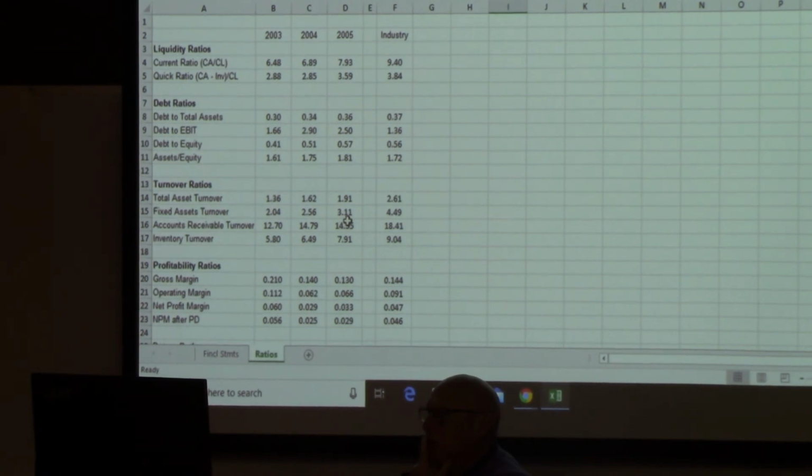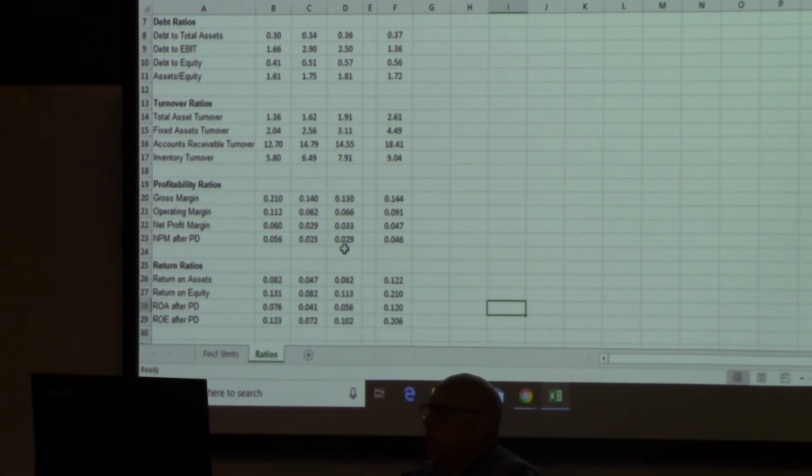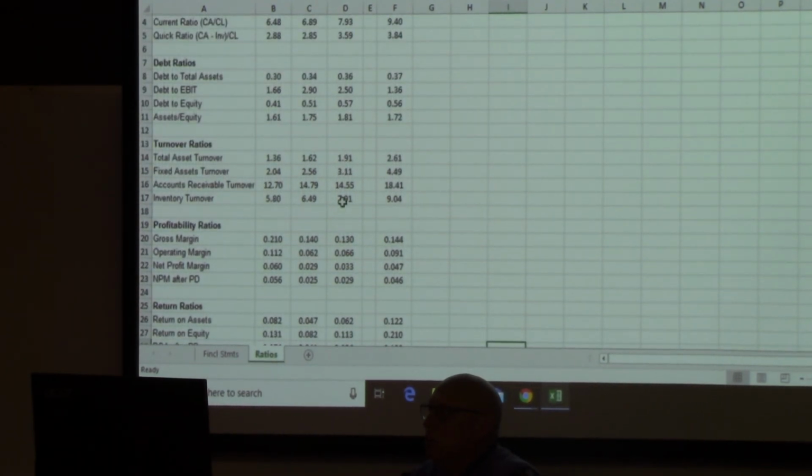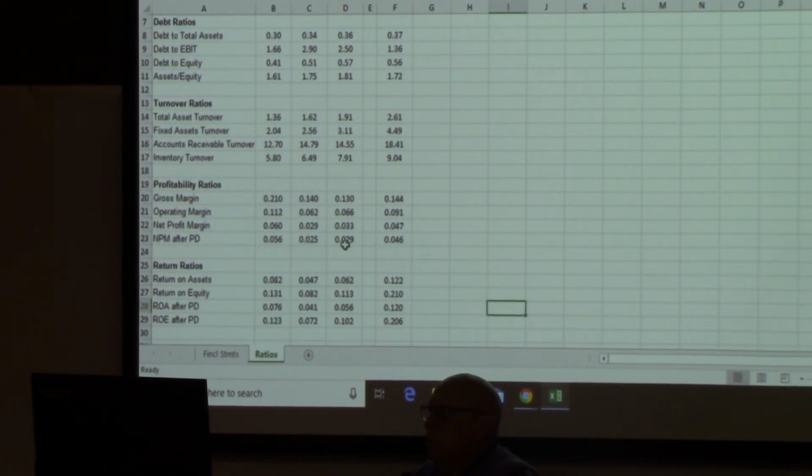Let's compare these ratios to the industry, and once again, in every case, the company is lagging the industry. So right now, you'd have to say that the company's management team is not doing a great job. And it looks like the problem is turnover, meaning they're not generating quite enough sales, and it's margin.